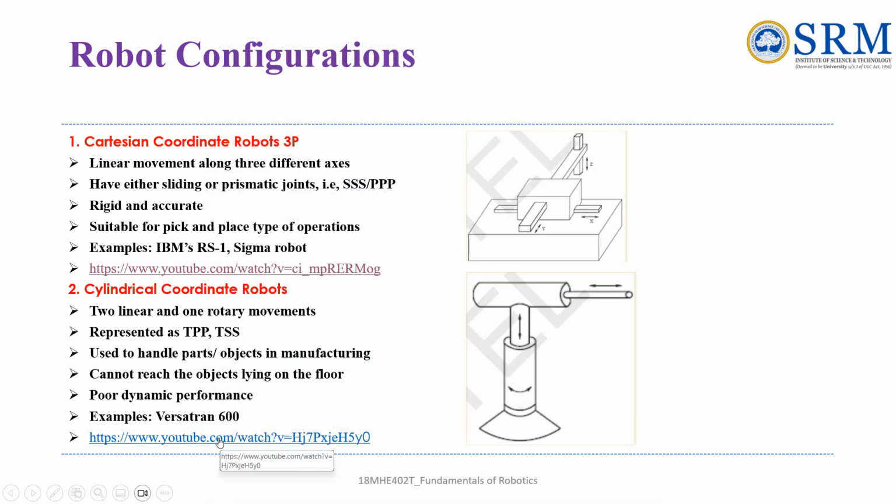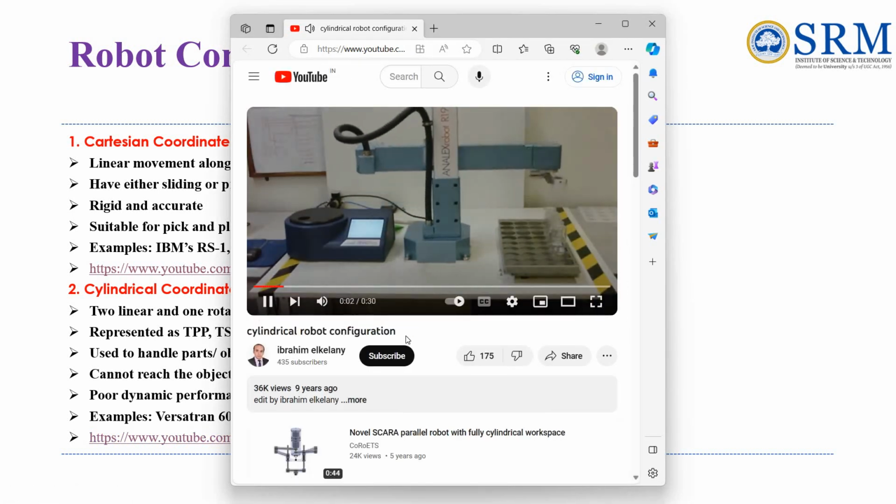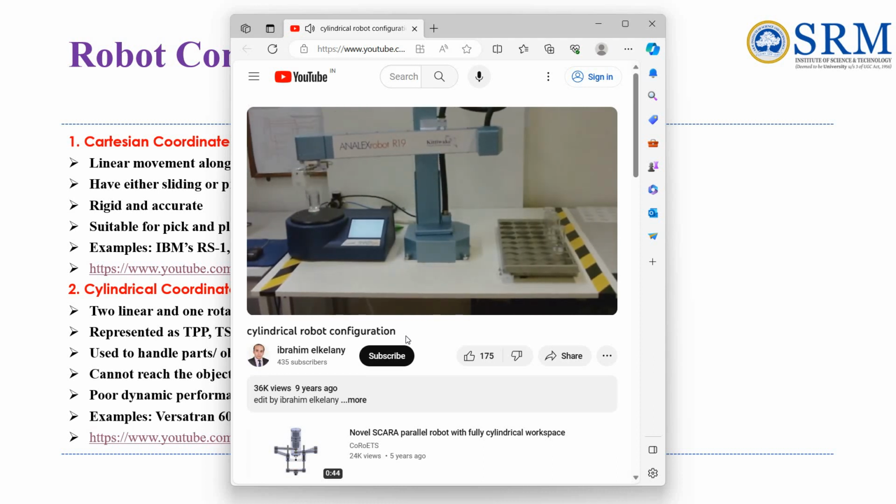Next we will see the video for cylindrical coordinate system. You can see 1 rotary motion and 2 linear axes.